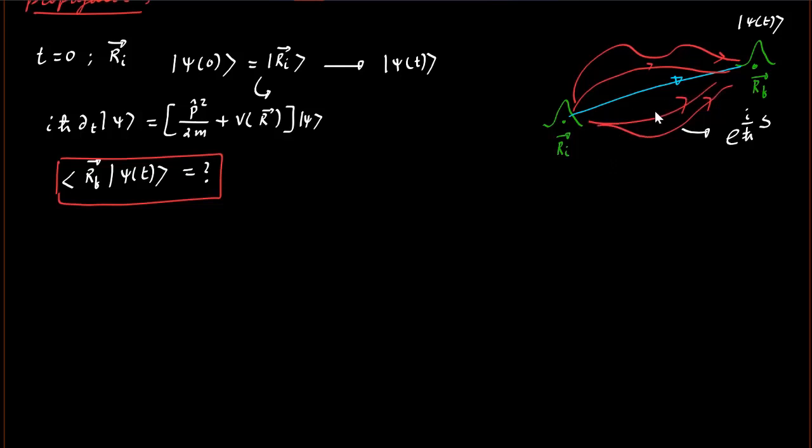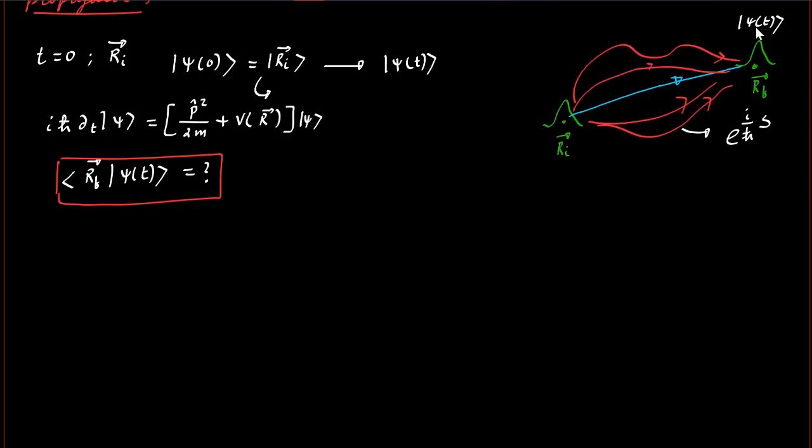Hence we will see that the particle goes from this initial position to the final point through all these possible paths. Now for the probability of the particle being present at this final position, we have to first calculate these wave functions at time t.